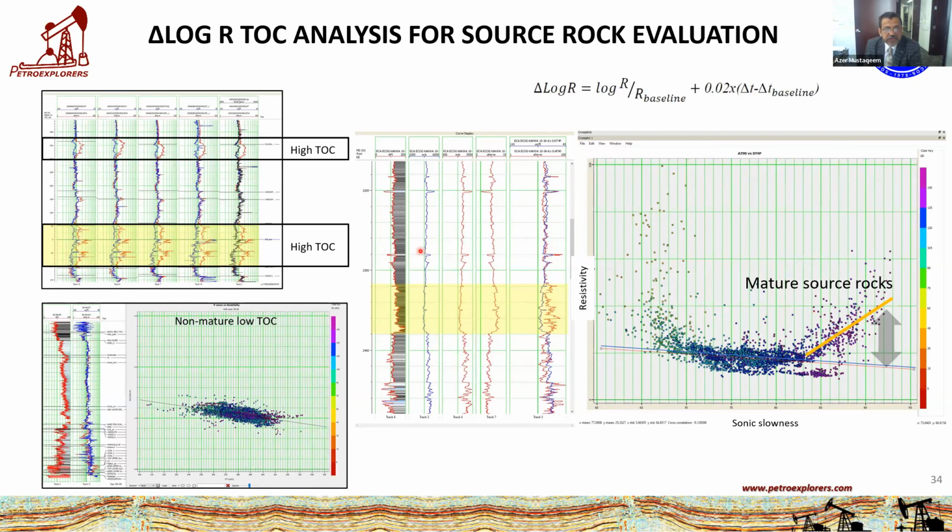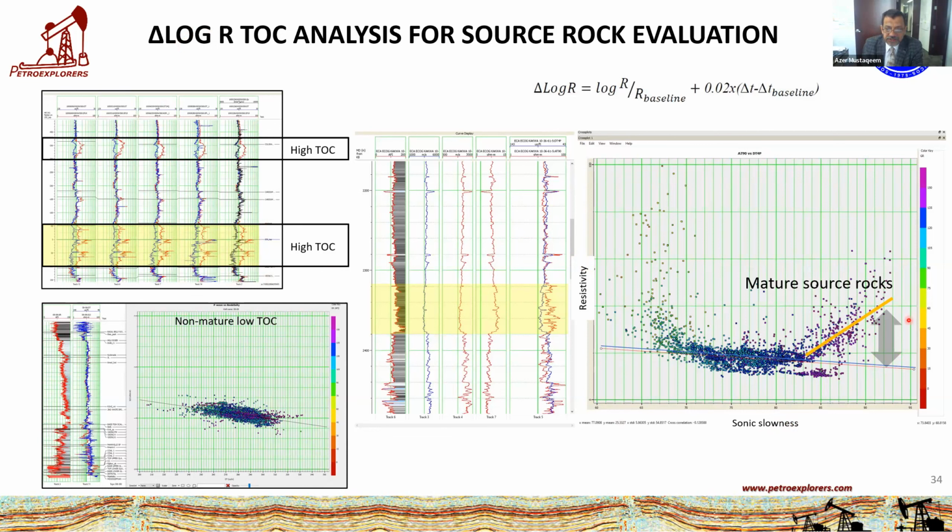For play fairway, you can use what is called the delta log R, which means log resistivity versus the sonic slowness. If you put them together, you would see that mature source rock deviates from a straight relationship.